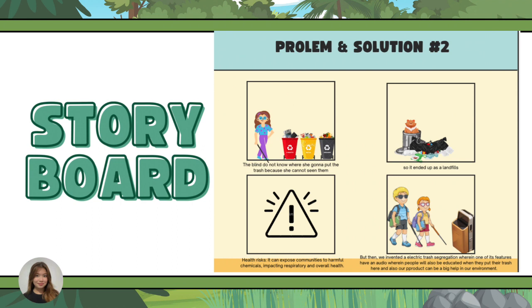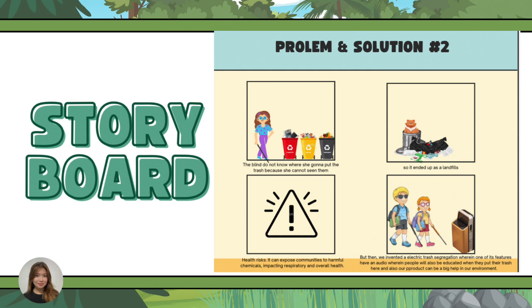So our second problem is for differently abled people and children. In this slide, we can see her struggling when putting her trash in the bin, because she didn't know where to put her trash, because of manual segregation.